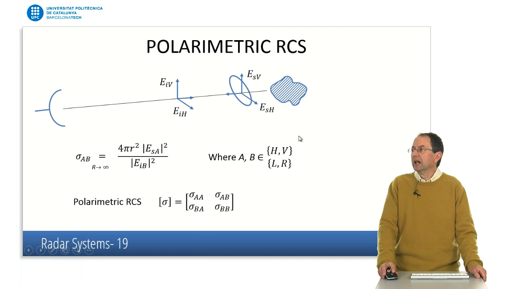The linear basis is a possible one. Another one is the circular polarization, where L stands for left and R stands for right polarization. Some radars use linear polarization, some other radars use circular polarizations as well.